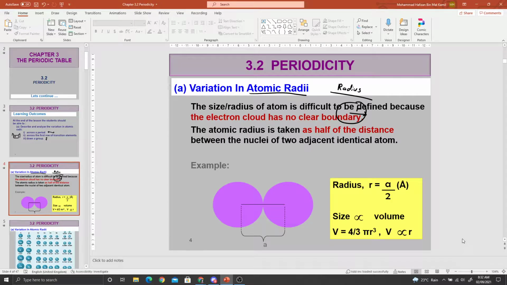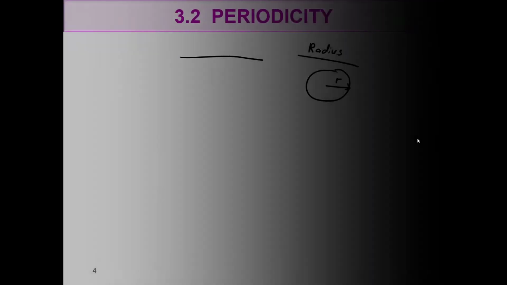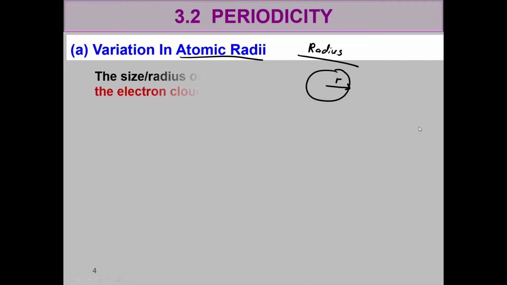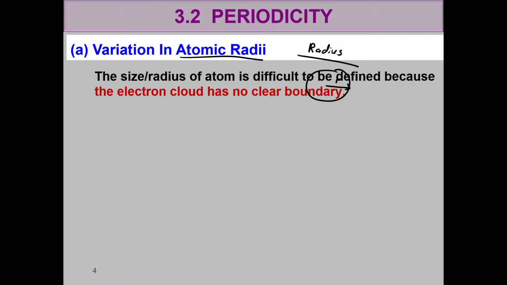But how we describe the radius in atoms is a bit different. The size of the radius is harder to define, because if you remember, you have a nucleus here and a cloud of electrons. We have shapes like this, some are round like the s orbital, or some are cloverleaf shaped, up and down.